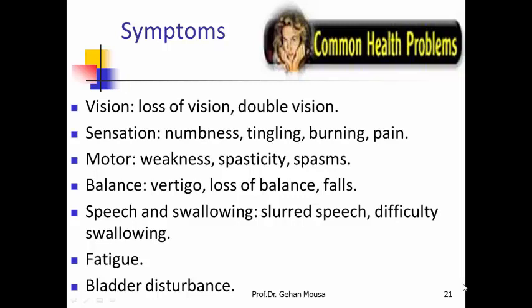Speech problems may appear in the form of slurred speech, dysarthria, and swallowing disturbance, and dysphagia results from difficulty of swallowing as a result of affection of certain cranial nerves. Fatigue is an important factor and sign that should be put in consideration during assessment and treatment of this patient.